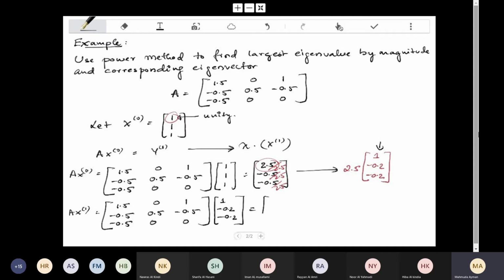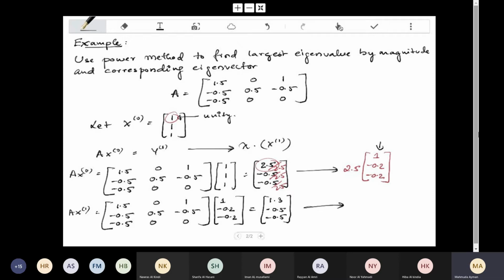We'll get now the y2 value. So this vector will be y2, which is 1.3, minus 0.5, minus 0.5.